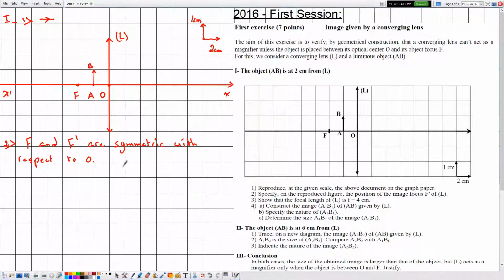So this is the justification. Now let's place the position of the image focus F'. So F' will be 2 divisions behind the lens. This is F'.